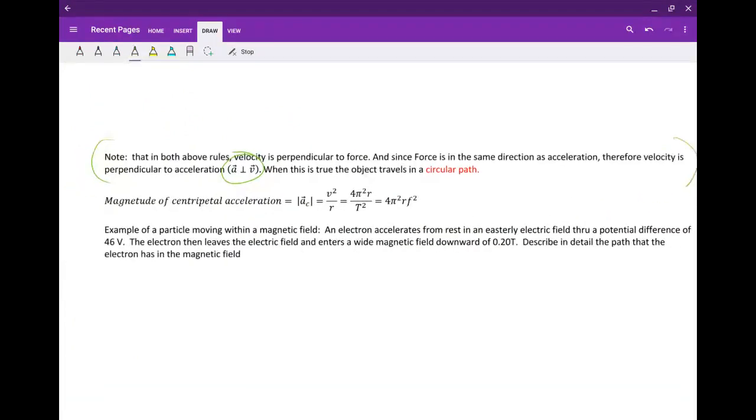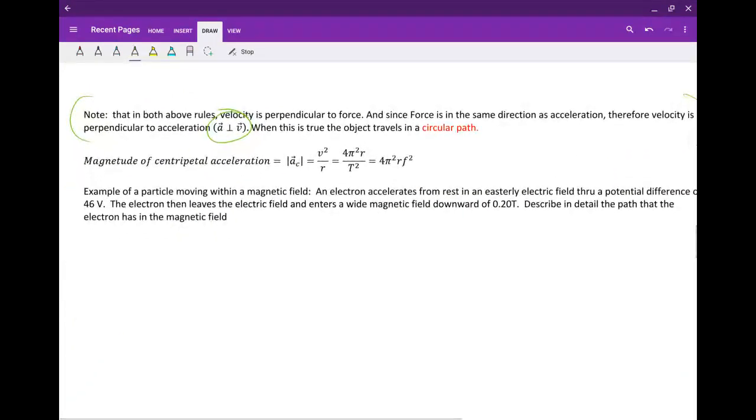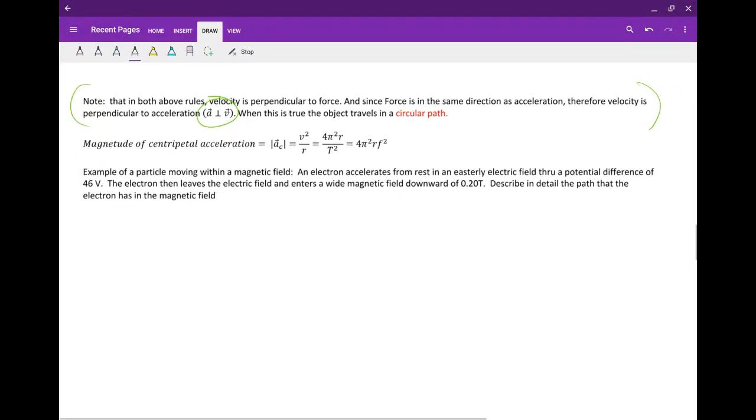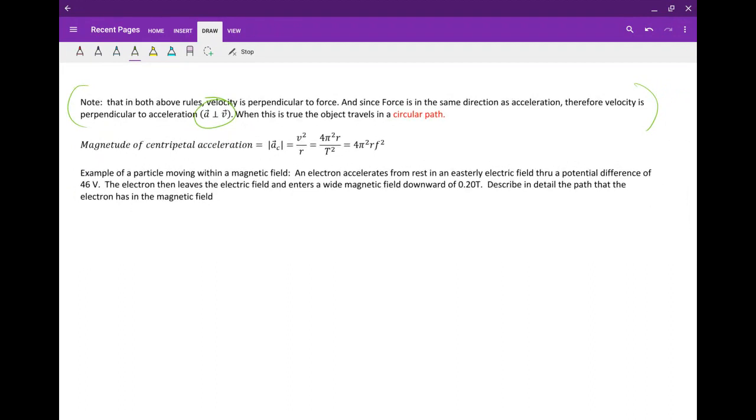Here's an example. Let's go ahead and take a look at this. So we've got an example of a particle moving within a magnetic field. An electron accelerates from rest in an easterly electric field through a potential difference of 46 volts.